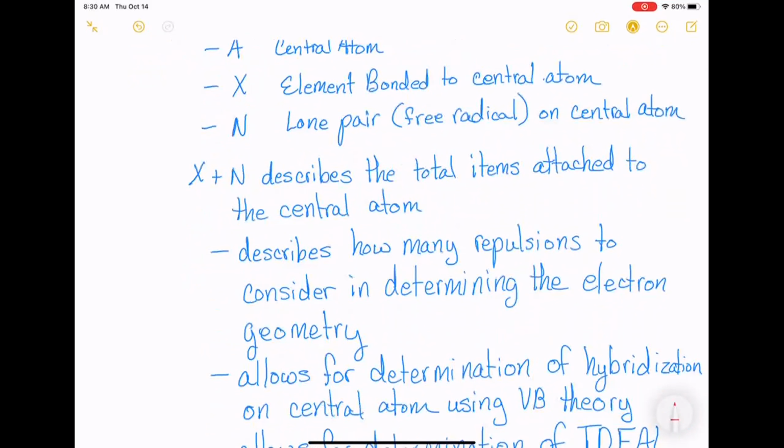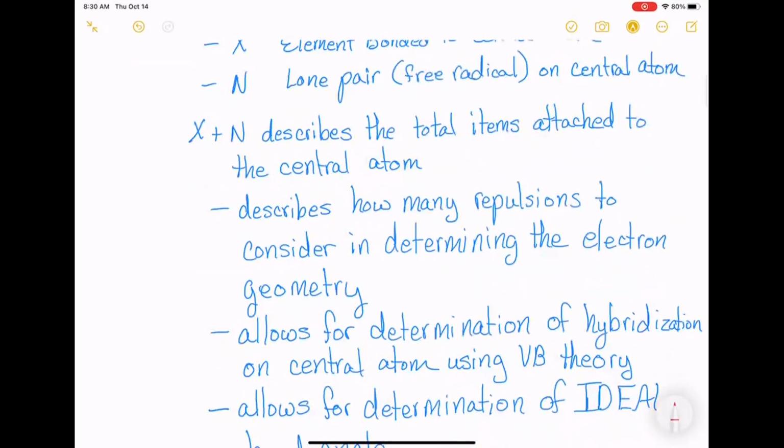So X plus N is going to lead us to the electron geometry. That same X plus N is going to allow us to determine the hybridization on the central atom using valence bond theory.